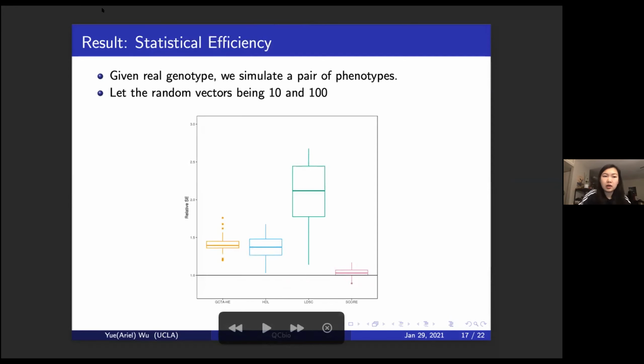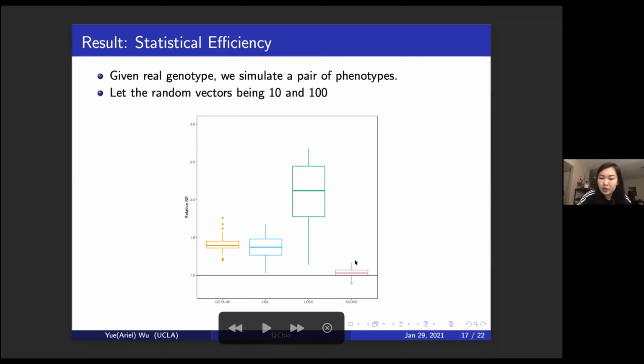And then we want to assess the statistical efficiency for these methods. So we plot the relative standard error between the methods versus the likelihood-based method, GCTA-GREML.